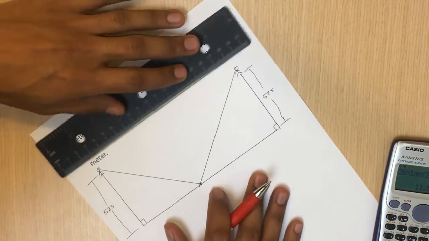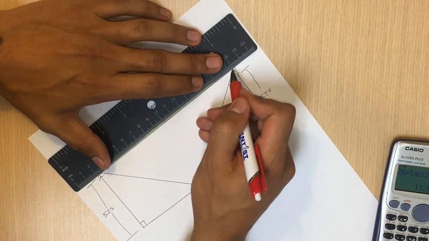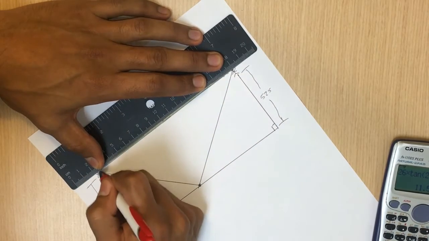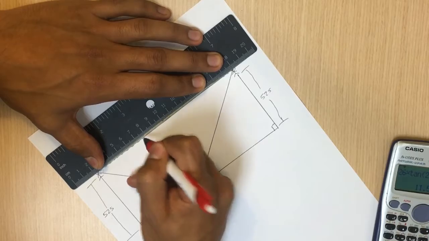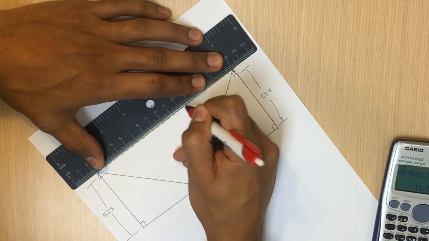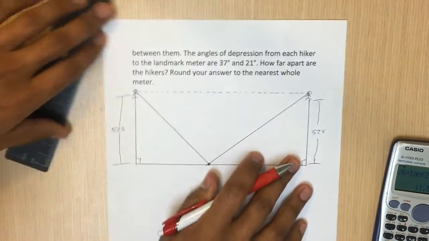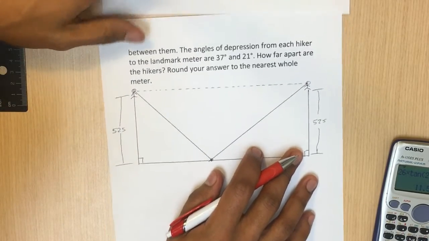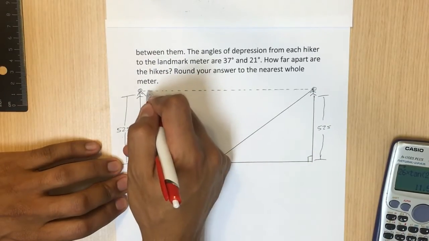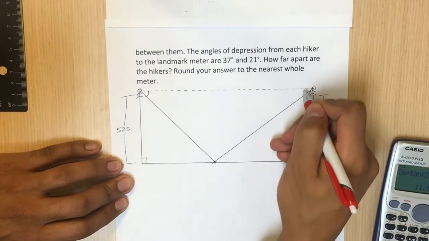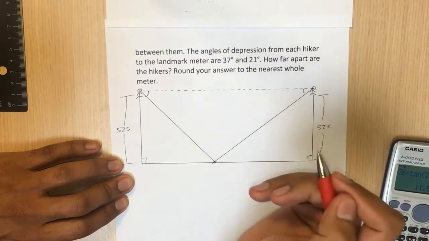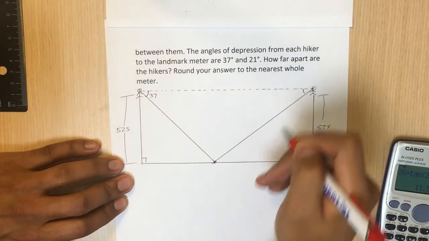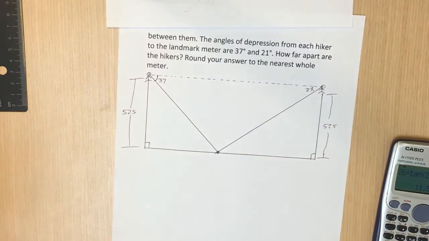Now the problem is that what it's saying is that these people have an angle of depression from their eyesight. Okay, what it means is that this angle and this angle have a measurement of, either one of them can be 37 and then 21.